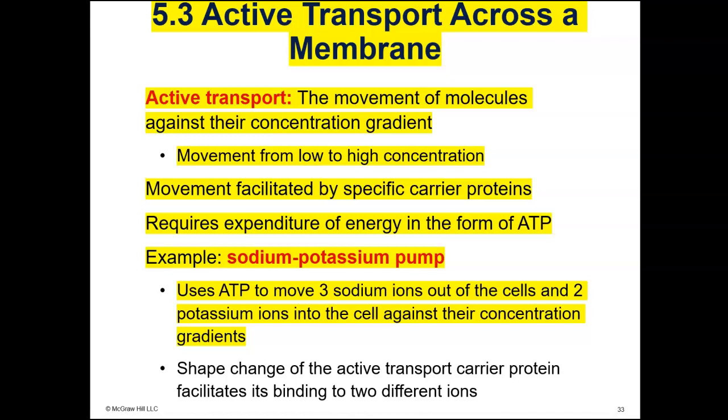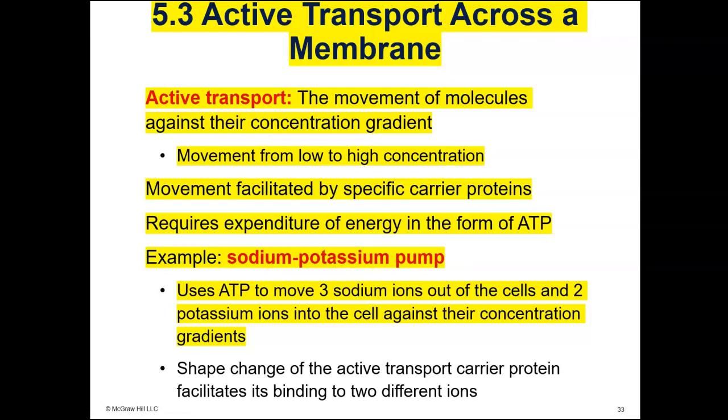Probably the best example in biology of active transport is the sodium-potassium pump. We see this in human anatomy and physiology when we learn about muscle contractions and nerve impulses, because the sodium-potassium pump is required to maintain a certain voltage across the plasma membrane, and a certain concentration of sodium and potassium ions inside and outside the cell.